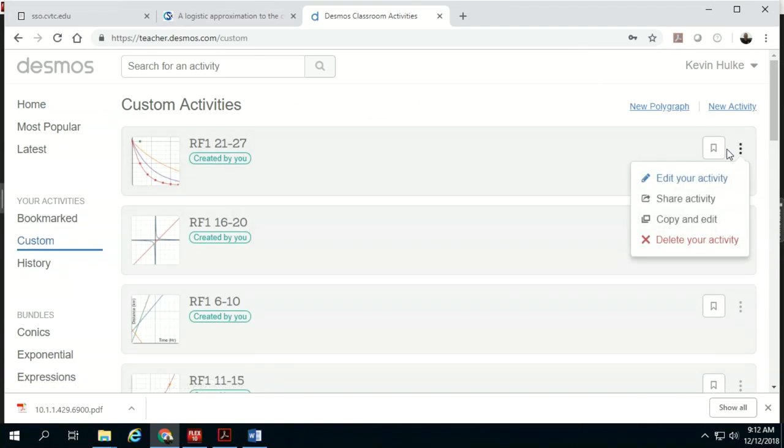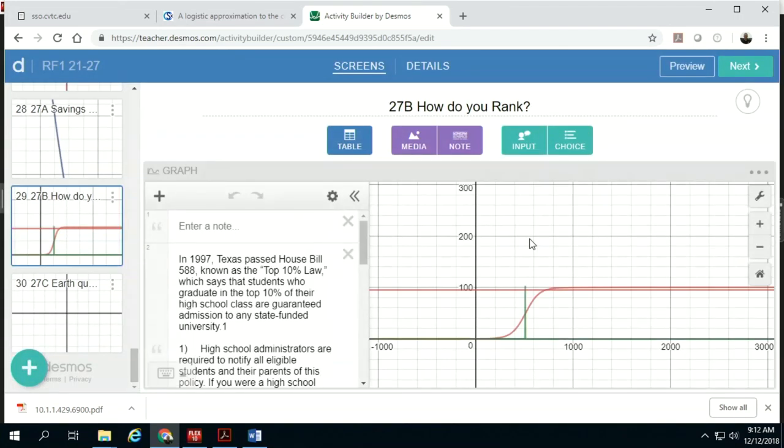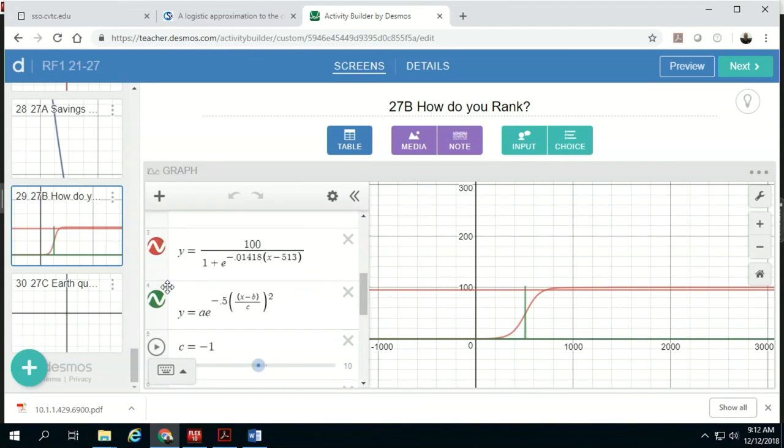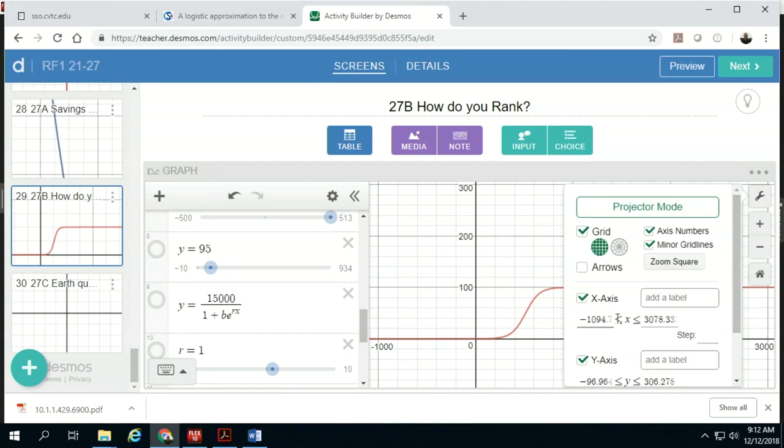So here is my graph of that formula. Now, let's set the window correctly. Our x, what are our possible scores?